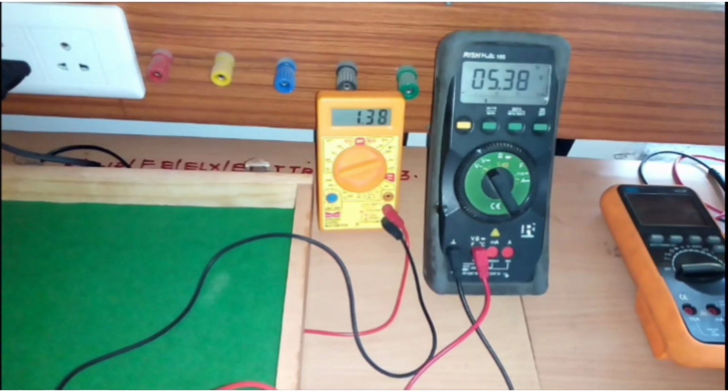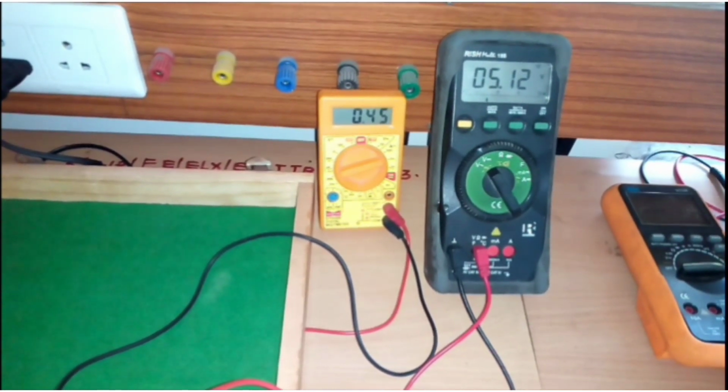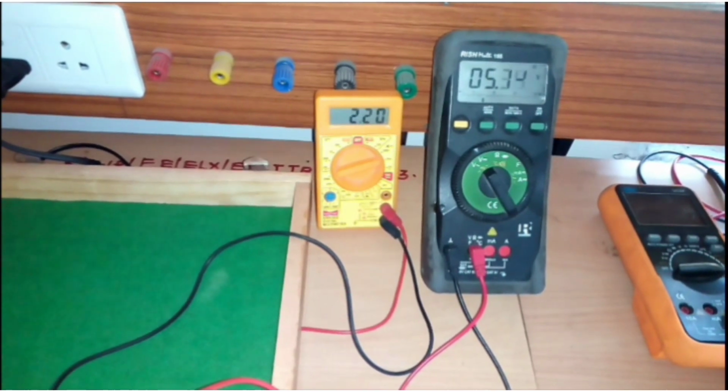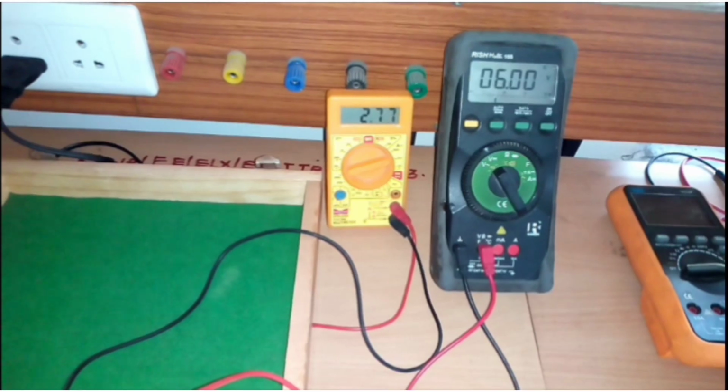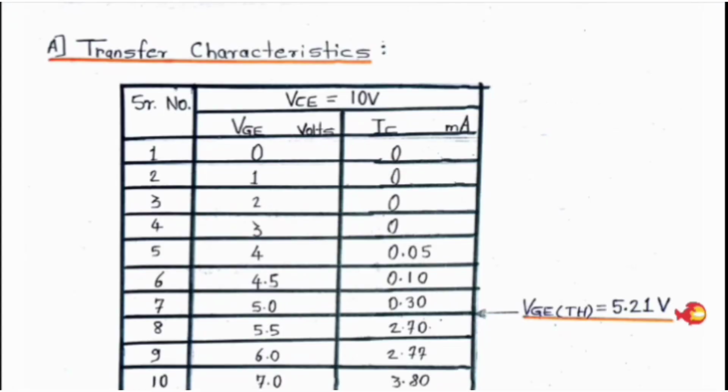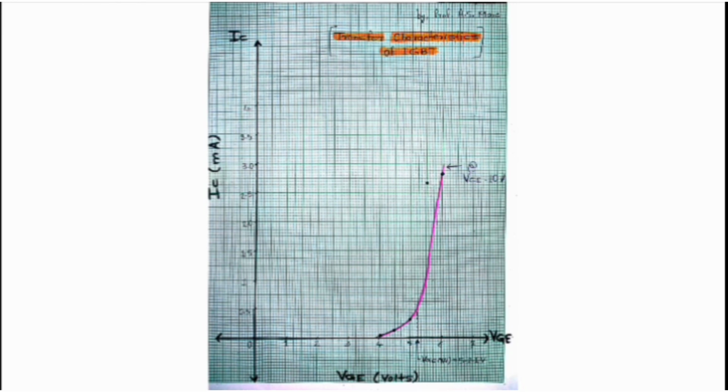For voltage 5 volt, we get 0.45 milliampere IC current. The voltage at which current rapidly increases is nothing but the threshold voltage. So as per reading, our threshold voltage is 5.21 volt. This is the total transfer characteristic whenever VCE is 10 volt fixed.